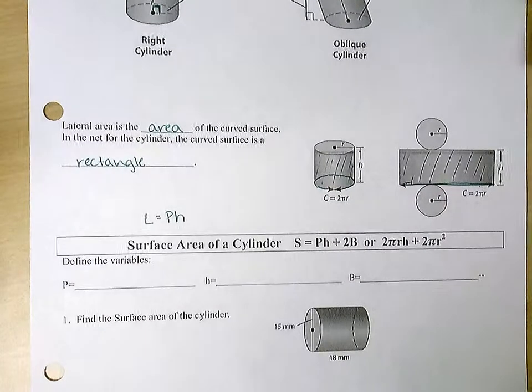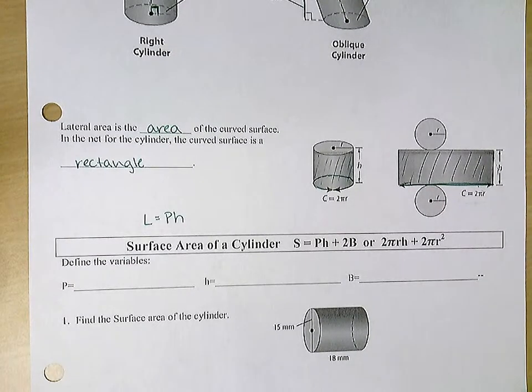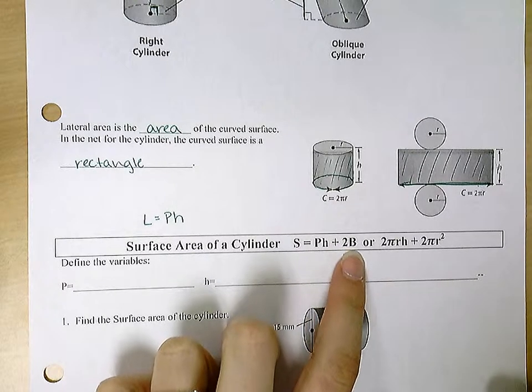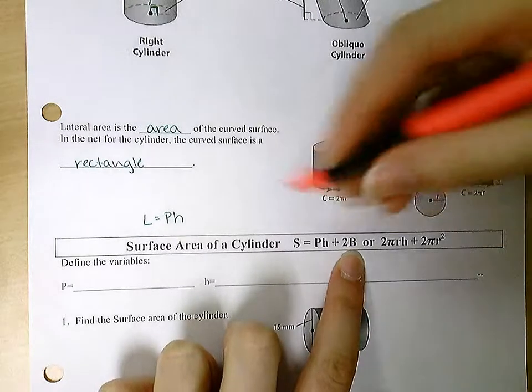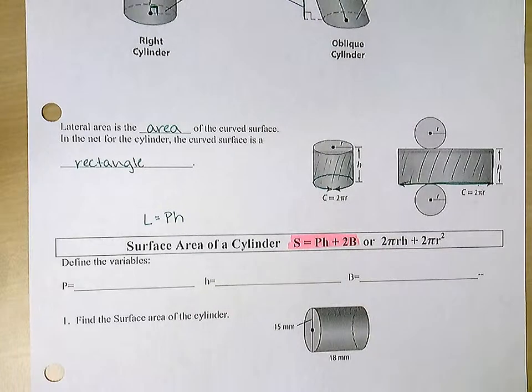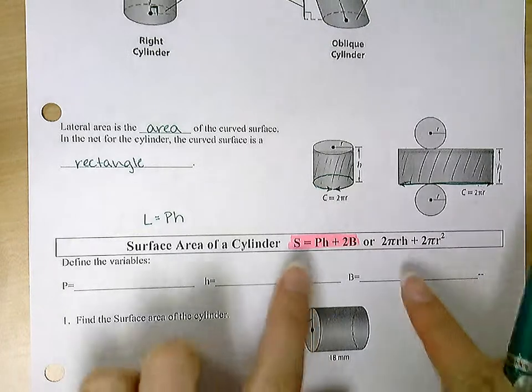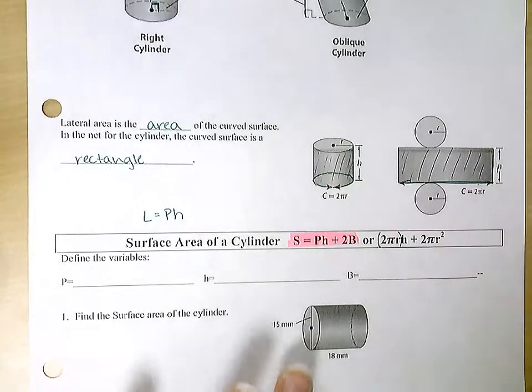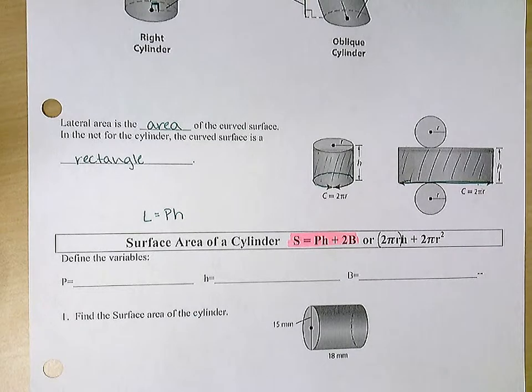Then surface area, just like in our prism, we have our lateral area, P times H, plus 2 times B. So this is, again, our surface area formula. Now, to find P, we need to use the circumference formula since our base is a circle.